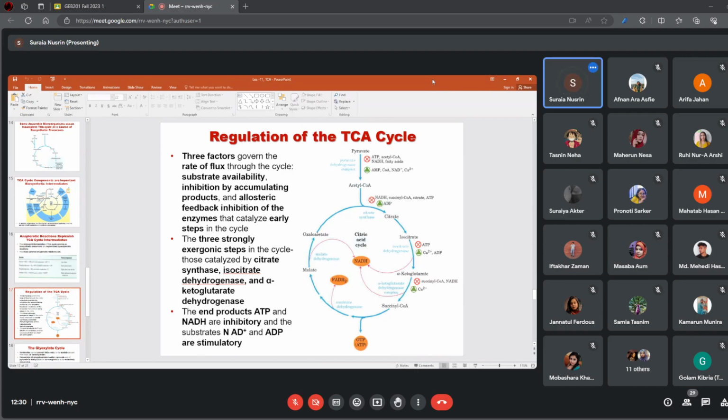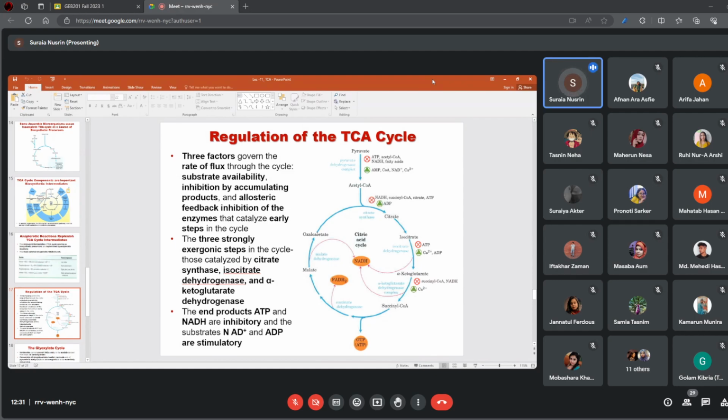Feedback inhibition is always done by the products, specifically end products, and they control the preliminary or the beginning steps of the metabolic pathway.